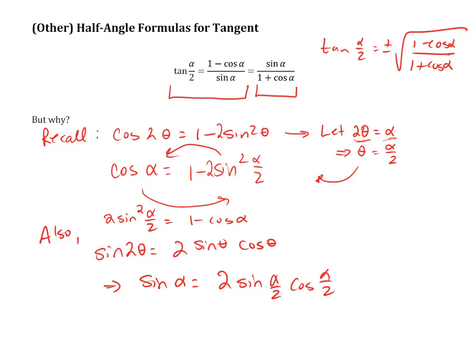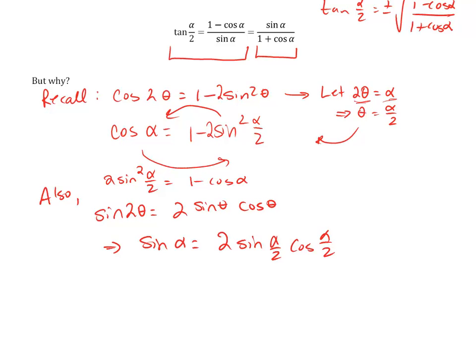So what I want us to do is consider this formula right here, using the 2 identities that I just derived. That is, what is 1 minus cosine of alpha over sine of alpha?